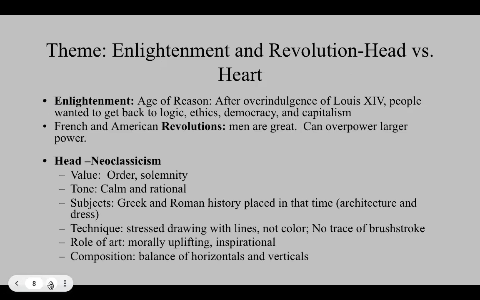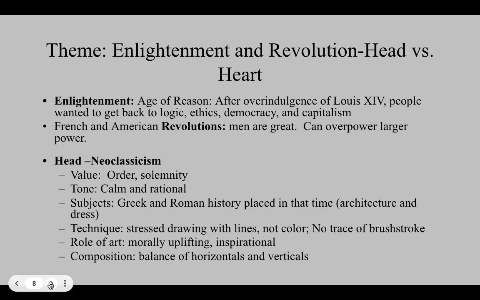So our theme for neoclassicism and romanticism is called Enlightenment and Revolution, Head versus Heart. The Enlightenment is the time, the age of reason. And so after the overindulgences of people like Louis XIV, the people wanted to get back to logic.